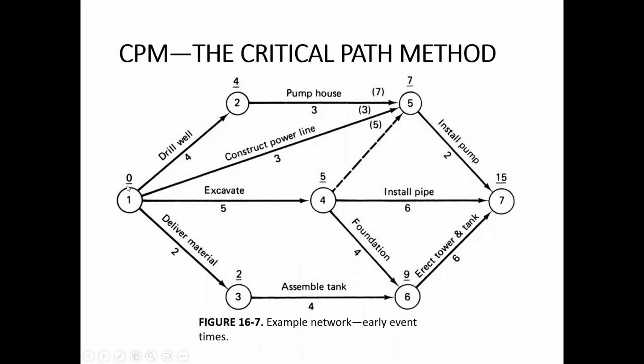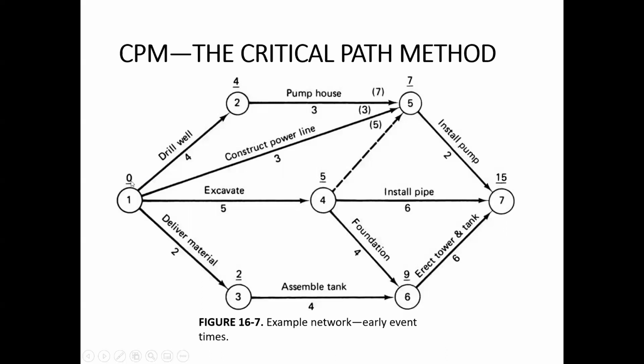So we will start from 0 over here. 0 shows the starting time. If this event starts at 0, that means the event start time is now. Then it will be followed by an activity, drill well, which will take 4 weeks.